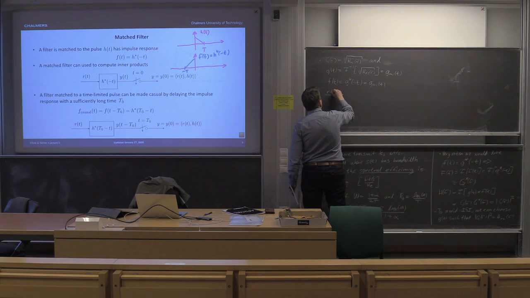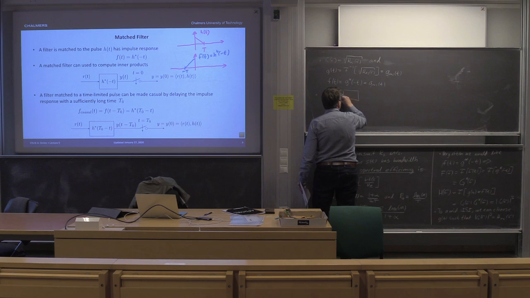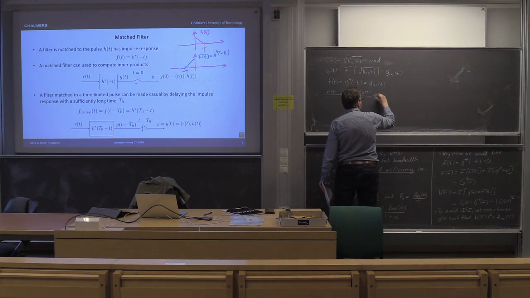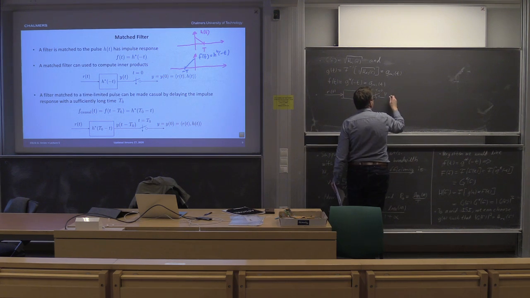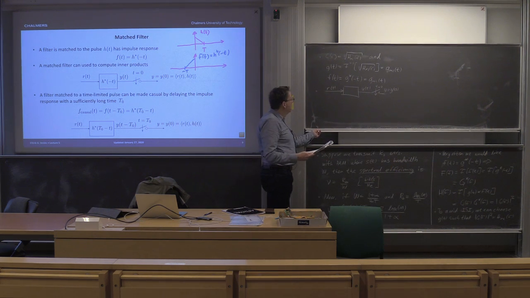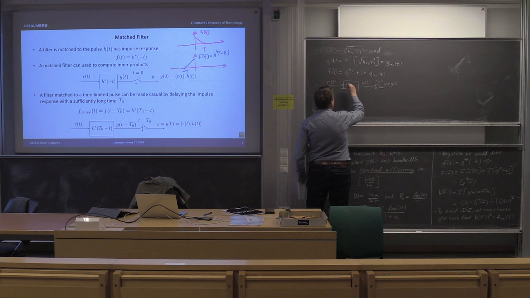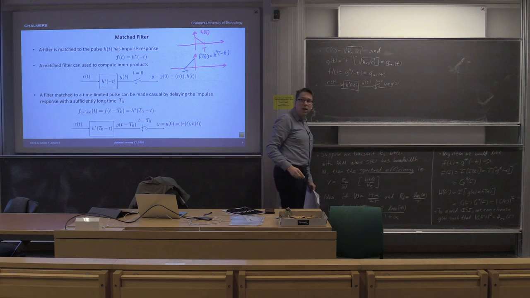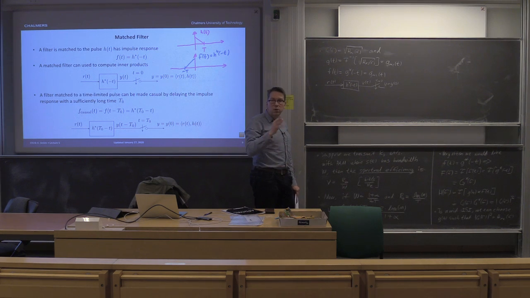So we have R as the input to a filter, and then we have an output which is Y, which we sample at time t equal to 0, and then we get a sample, a value Y, which is the signal's amplitude at time 0, like this. Right. Okay. And here we have an impulse response which is matched to the pulse H. Okay, so it's a time-reversed version of H with a complex conjugate to this.